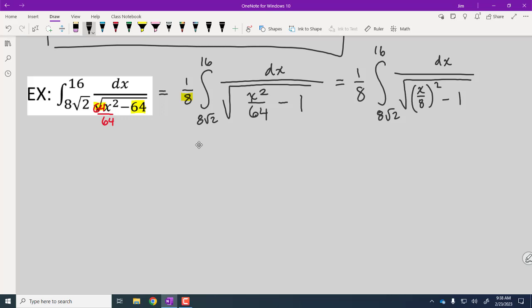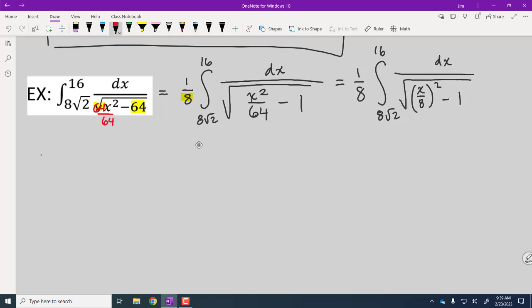So if we did this one, what would that be? Negative cosine squared. And can you take the square root of negative cosine squared? No. So this is not what we're looking for. We're looking for secant squared minus 1 because that can be replaced with tangent squared. Okay, so that is our clue.